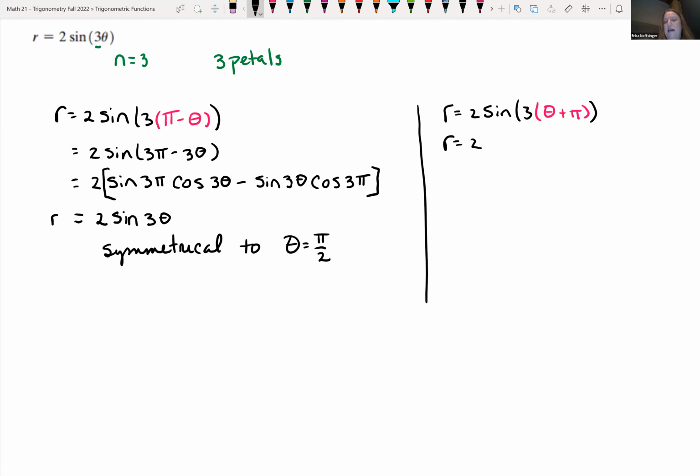So again, we have a sum of angles for sine, 3 theta plus 3 pi. We can rewrite that using the formula for the sum of two angles for sine. So we have 2 times the quantity sine of 3 theta, cosine of 3 pi, plus sine of 3 pi, cosine of 3 theta.